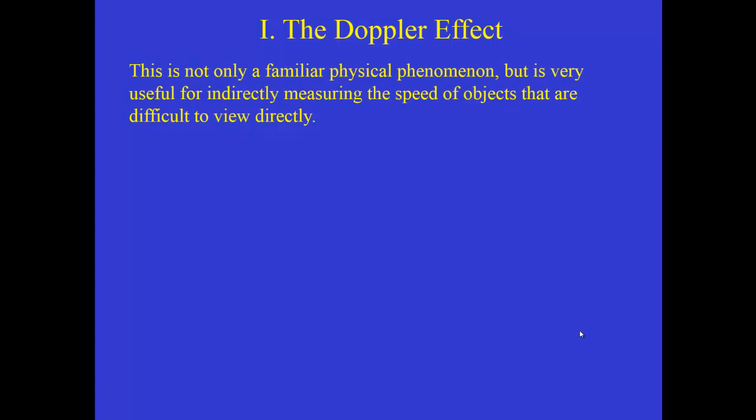And even if you haven't necessarily heard that phrase before, this is probably a familiar physical phenomenon to you. I'll explain in just a minute. But this phenomenon is also very useful in applications for indirectly measuring the speed of objects that are sometimes difficult to view directly.